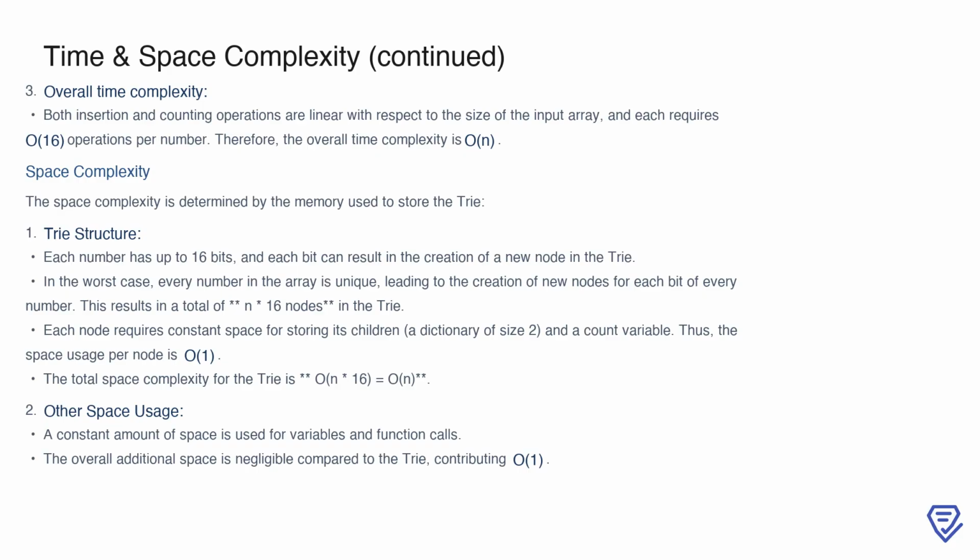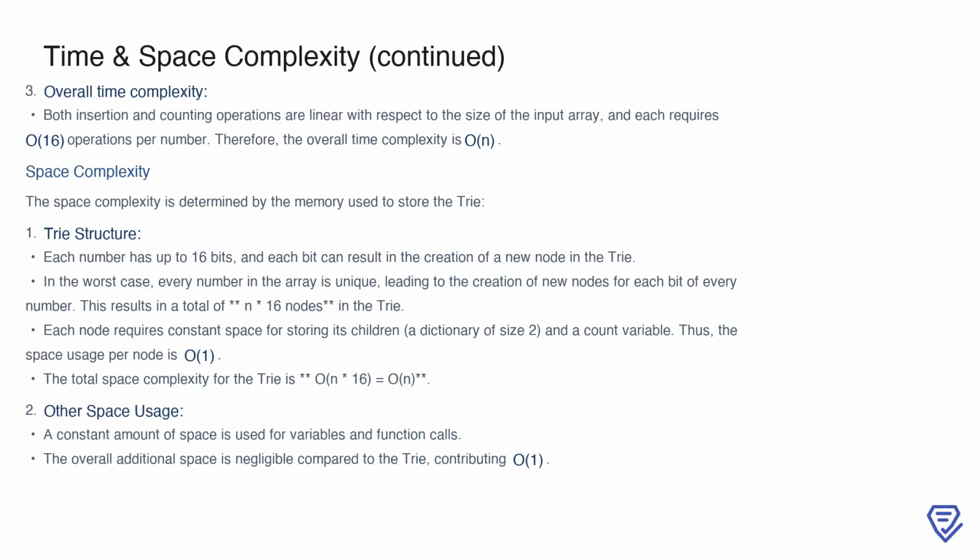Shifting to space complexity, the main contributor is the tree structure used to store the binary representations of the numbers. Each number, consisting of 16 bits, can potentially create a new path in the tree. In the worst case, where all numbers are unique, this results in n numbers creating up to n*16 nodes in total.